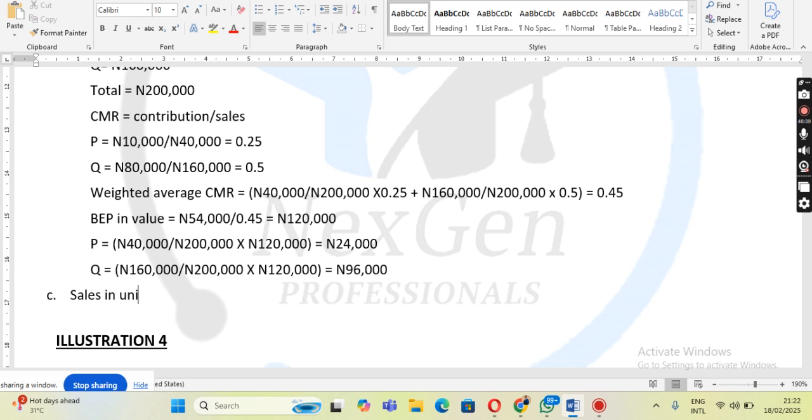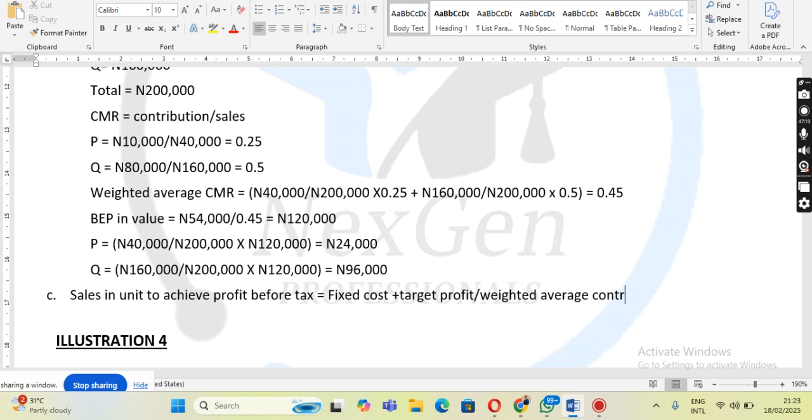Sales in units to achieve profit before tax is equal to fixed cost plus target profit, divided by weighted average contribution per unit.